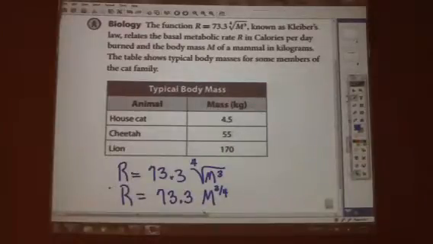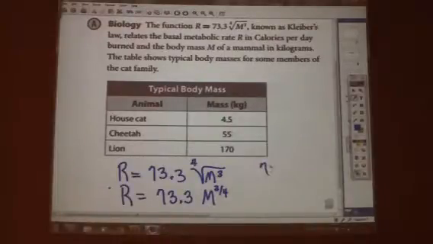Next part B, what is the value of R for the cheetah to the nearest 50 calories? So we want to know what R equals when the mass of the cheetah is 55. So you're just going to put that in your calculator.